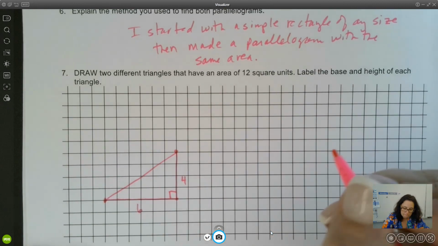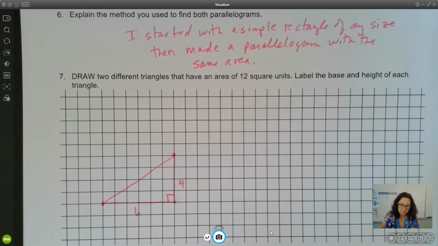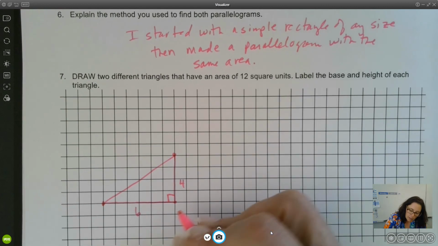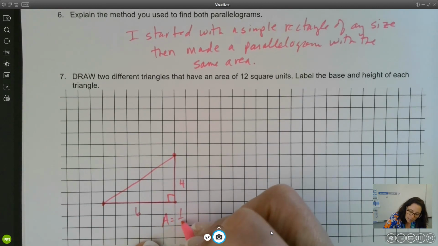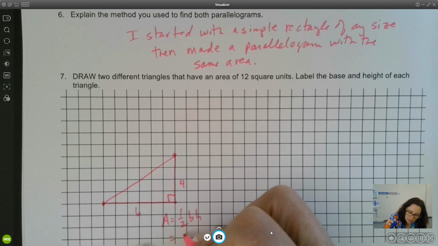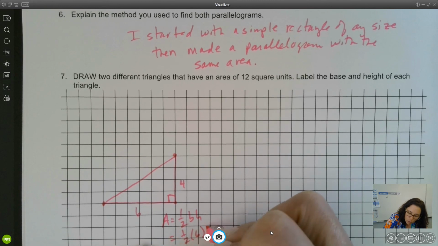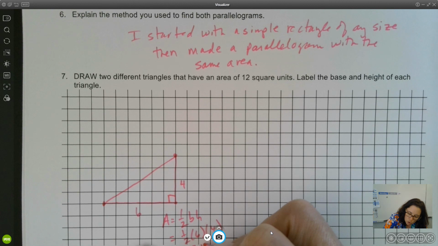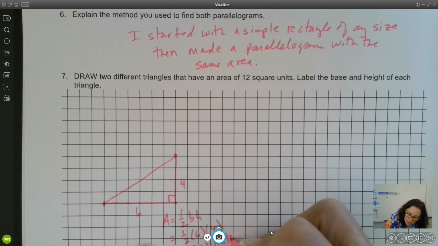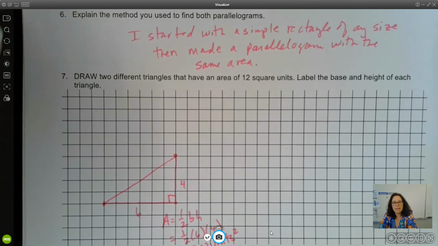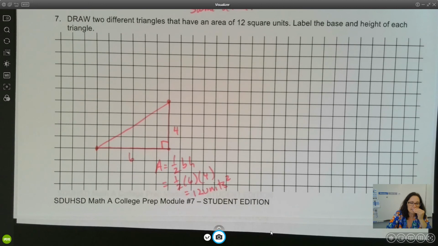So that gets me area 1/2 base times height, 1/2 6 by 4, 12 units squared. Okay, I think that's probably the easy one.